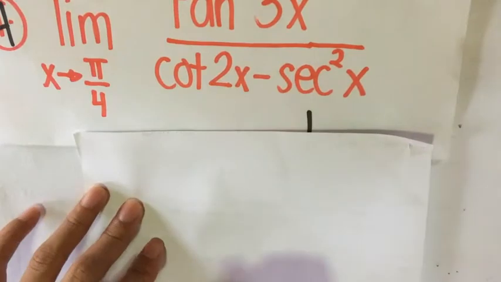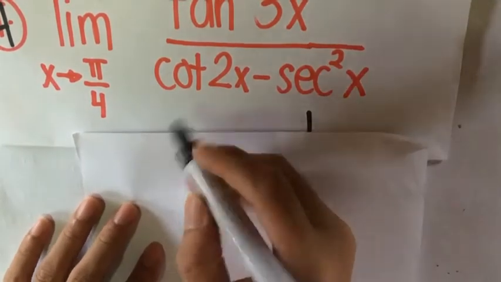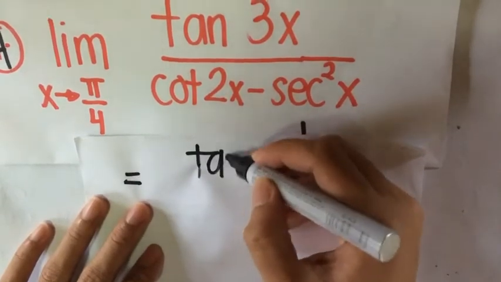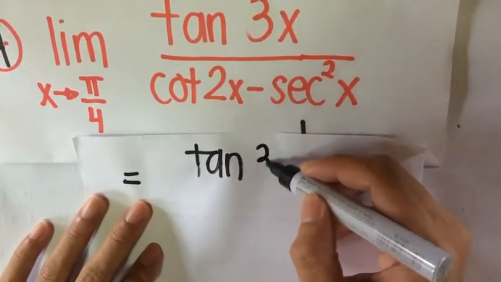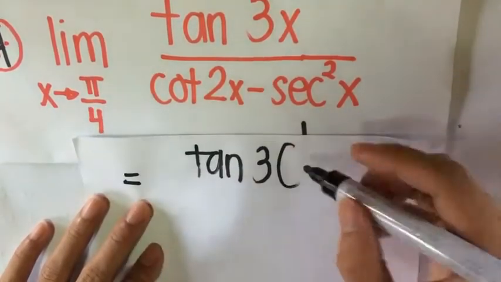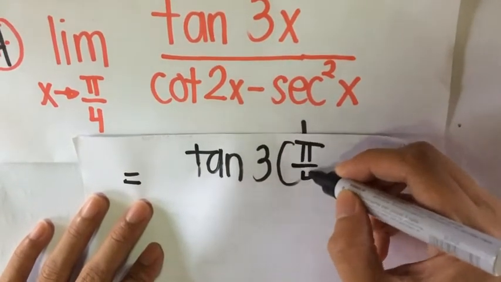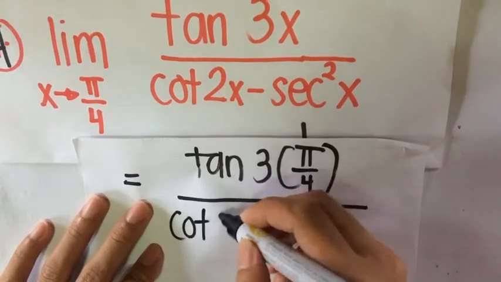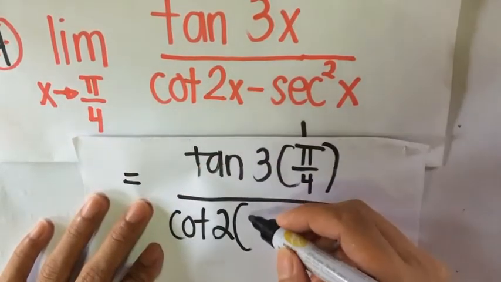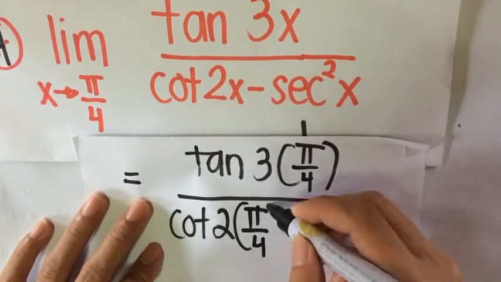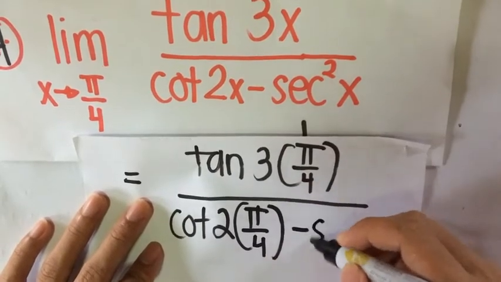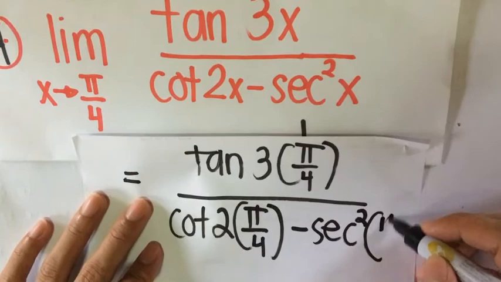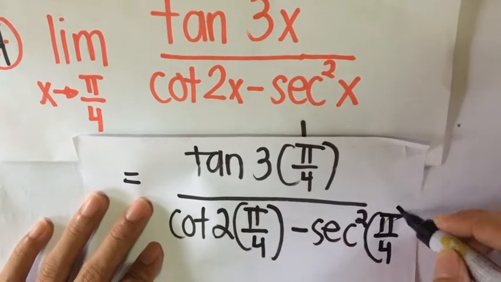So it is now equal to tangent of 3 multiplied by pi over 4, all over cotangent of 2 multiplied by pi over 4, and I have here secant squared of pi over 4.